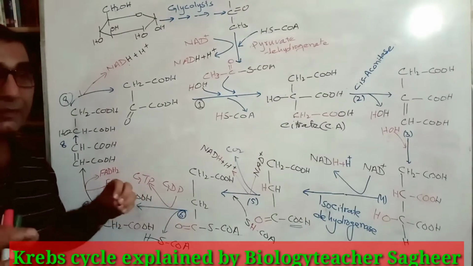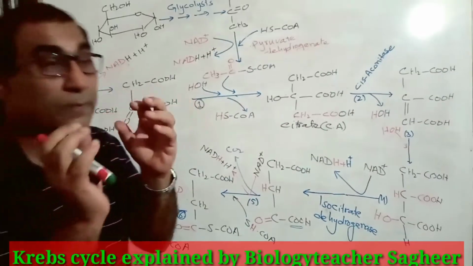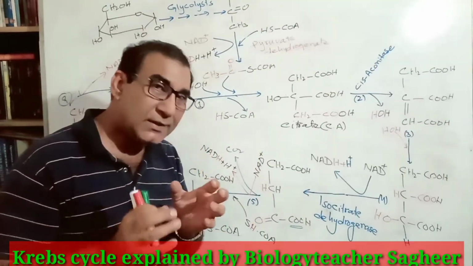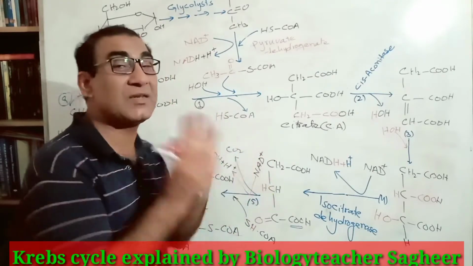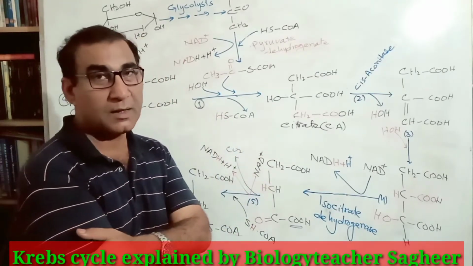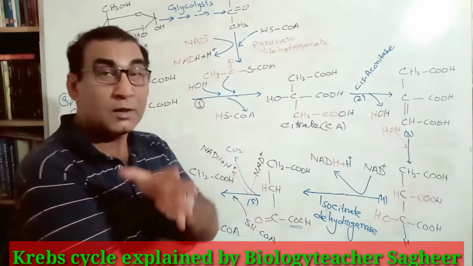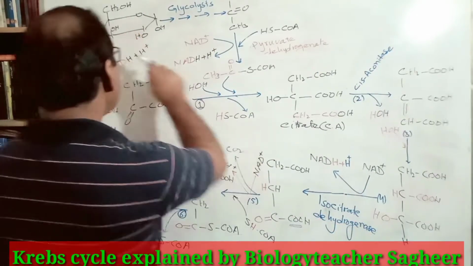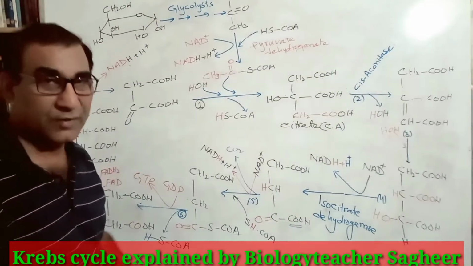So I suggest you keep in mind that, as you study these reactions, you suppose that you, along with me, are standing in the matrix of mitochondria, not in the cytoplasm, not in the cytosol. All these reactions occur in the matrix of mitochondria.